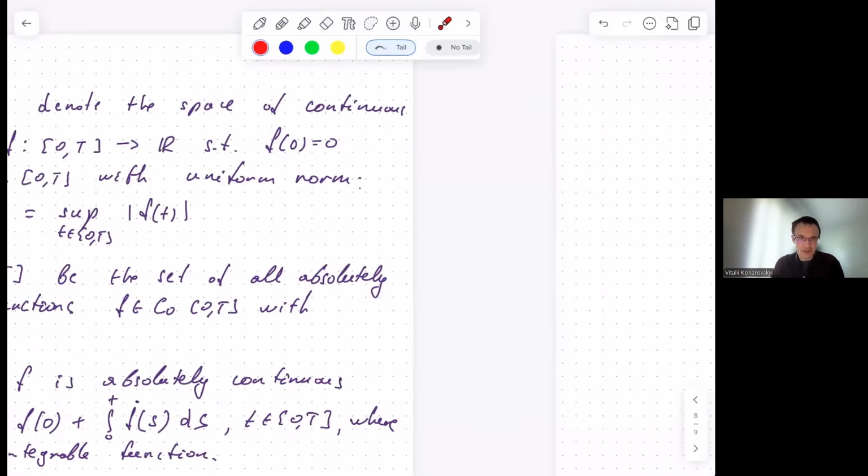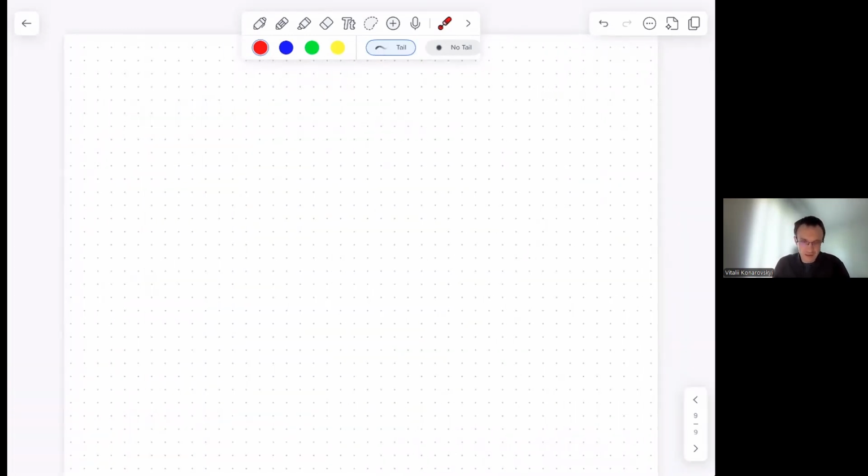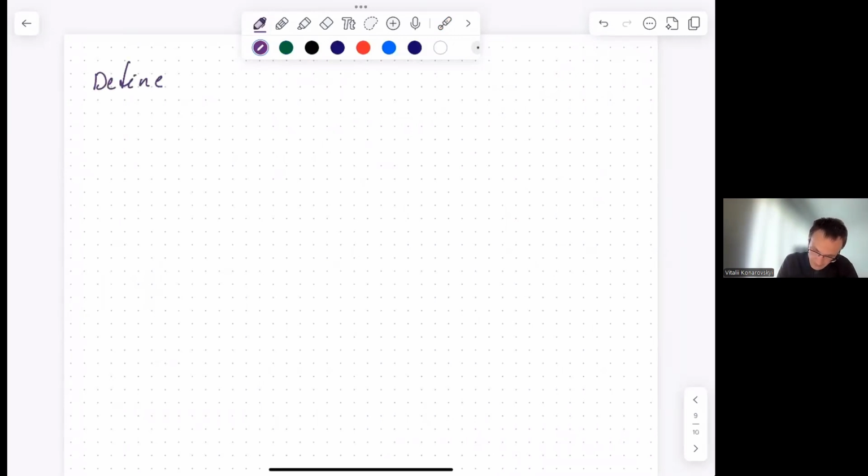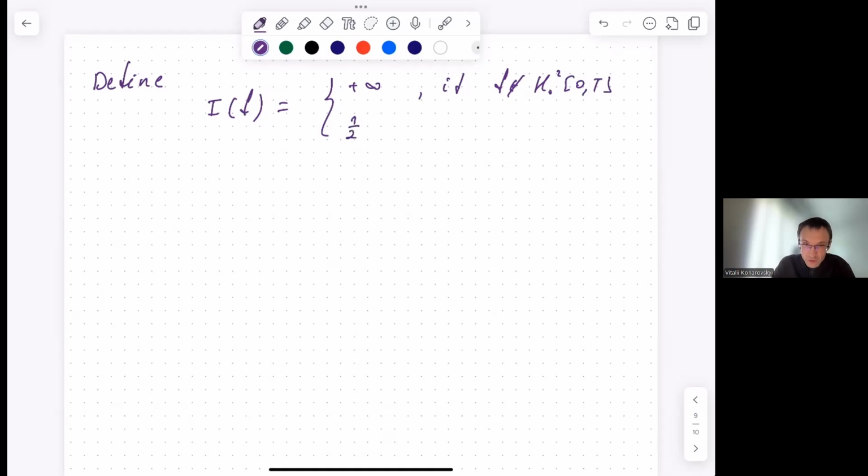And for this function we define the map I. It is plus infinity if the function f does not belong to H_0[0,T], and one over 2 the integral from 0 to T of f dot squared of t dt.